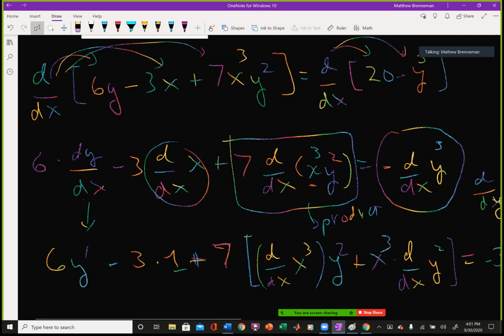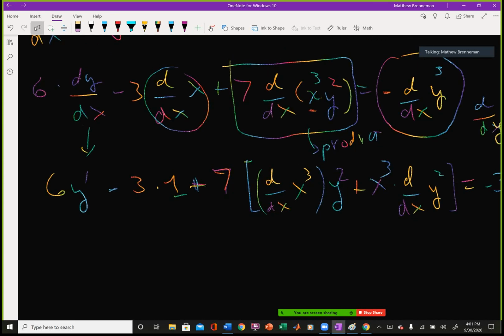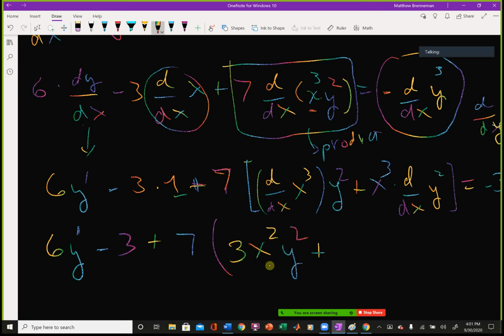And so the last thing we have to do now is evaluate the derivatives in this sum. If we do that, I'm going to get 6y prime minus 3 plus 7 times 3x squared, the first term, times y squared plus x cubed. And again, I remember how I take the derivative of y squared with respect to x.